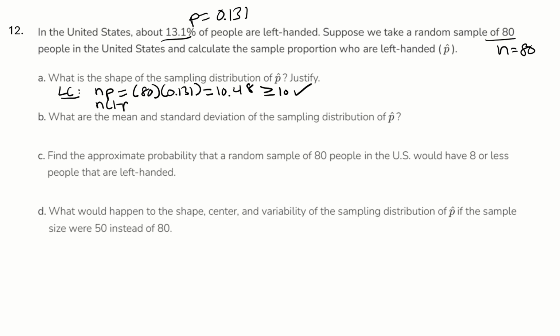And then let's do n times 1 minus p. So 80 times 1 minus 0.131, which is 69.52, which is greater than or equal to 10. So it satisfies the large counts condition. And since it satisfies the large counts condition, that means it's approximately normal.